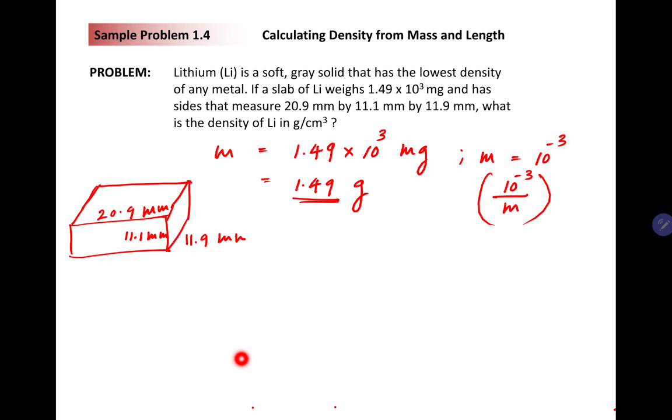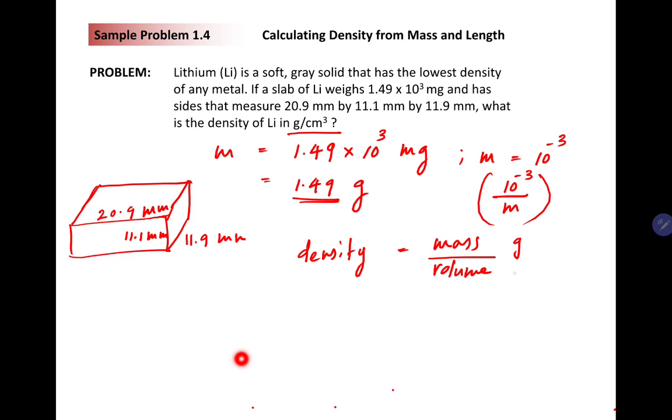So this is the size of the slab, and they need us to calculate the density. Density is calculated by mass divided by volume. This equation should be remembered. This is important.